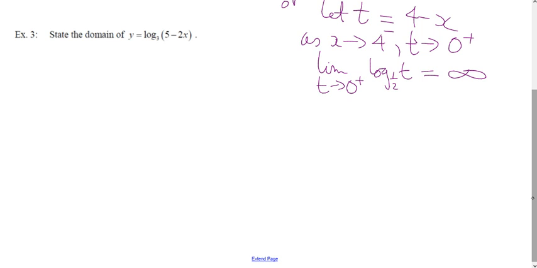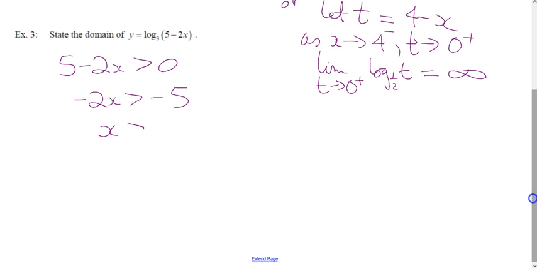State the domain of log base 3 of 5 minus 2x. It's like a 30-1 question. So what do we know? That means 5 minus 2x has to be greater than 0. So negative 2x will be greater than negative 5, and x will be greater than 5/2. And then you correct my error: less than. I know, that was one of those on purpose.